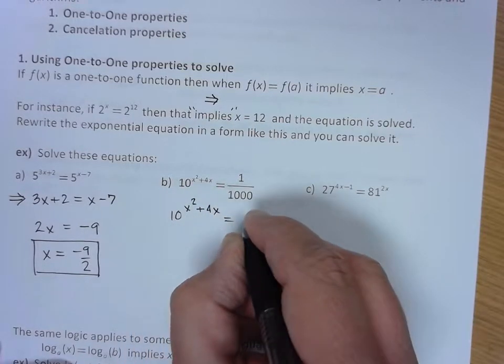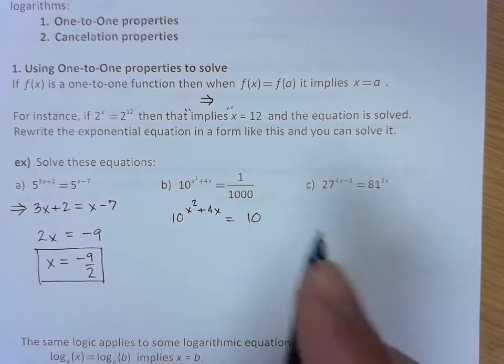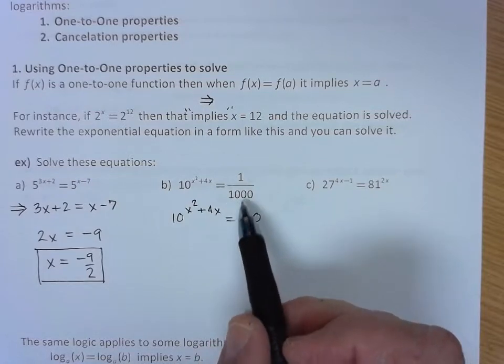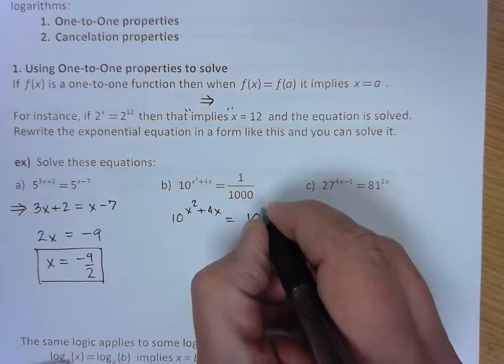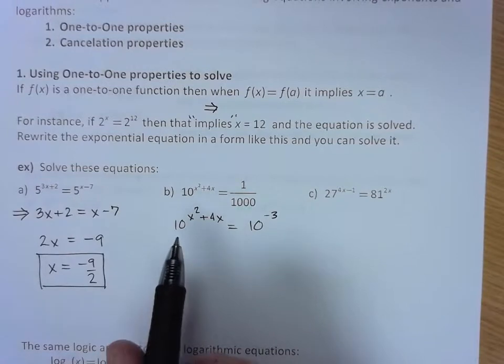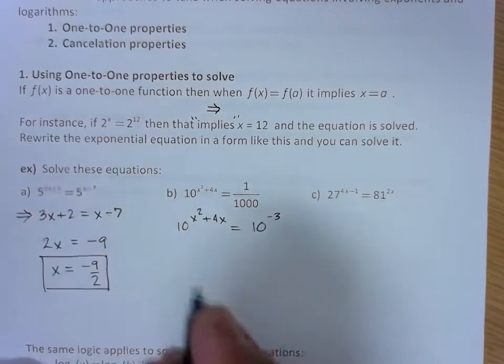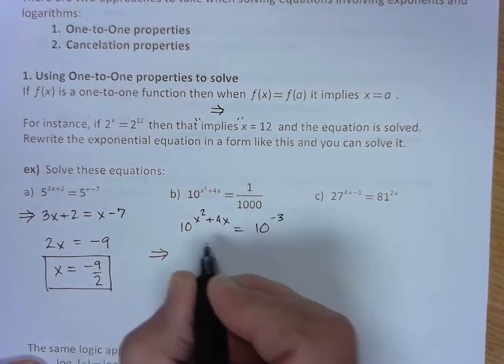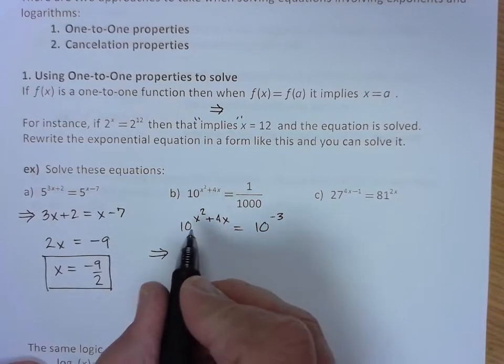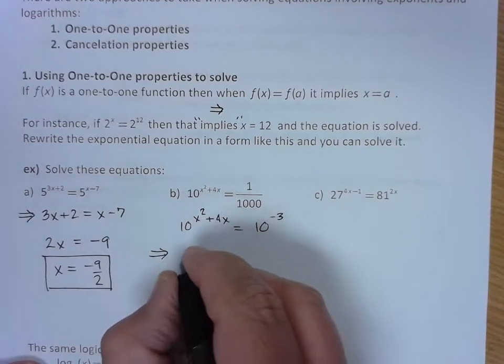The right-hand side can also be written as a power of 10. That reciprocal power of 10, 1 over 1,000, is 10 to the negative 3. So as soon as you can get both sides written as powers of the same base, that implies, since this is a one-to-one function, the exponential function base 10, that you can just equate the exponents.